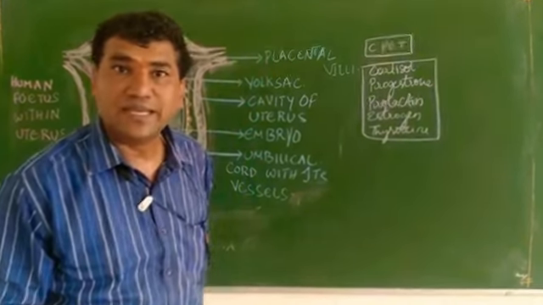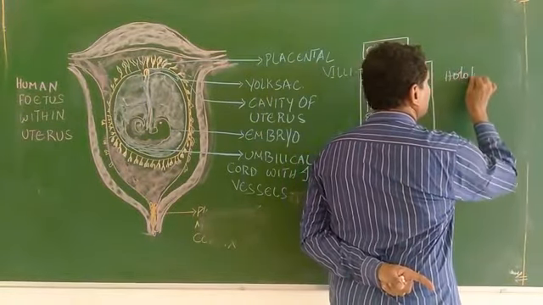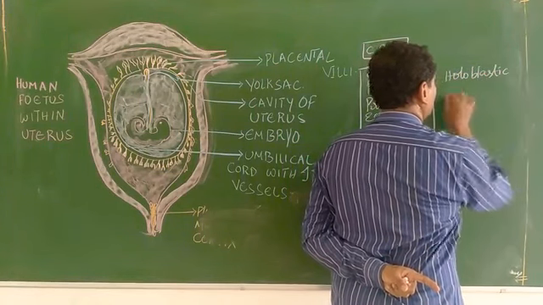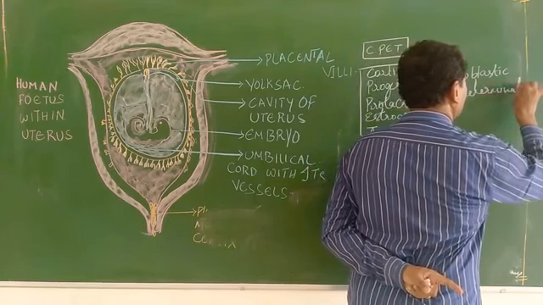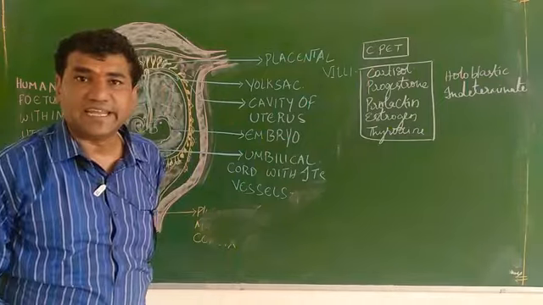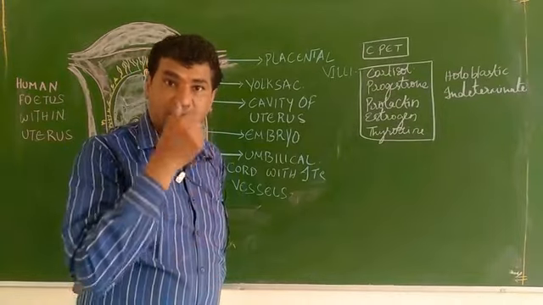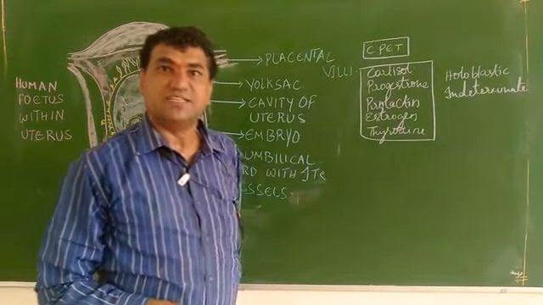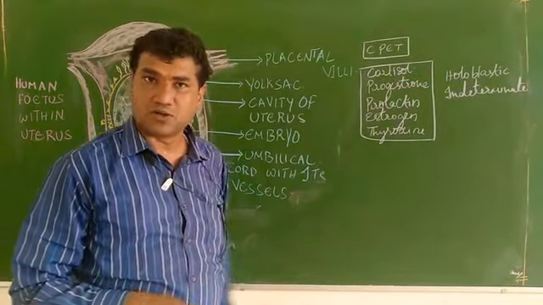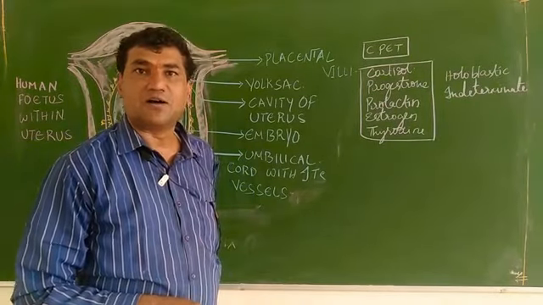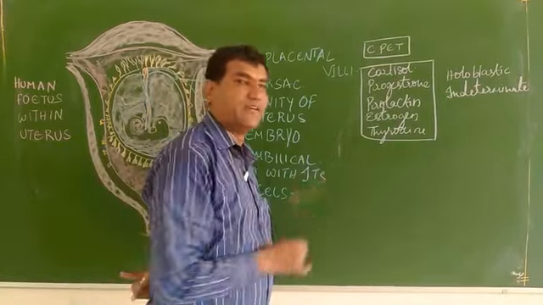These blastomeres undergo a division called holoblastic indeterminate division. Holoblastic means cells divide equally into equal divisions, and indeterminate means it is not known which cell forms which type of tissue. That type of division is called cleavage, specifically holoblastic indeterminate cleavage.